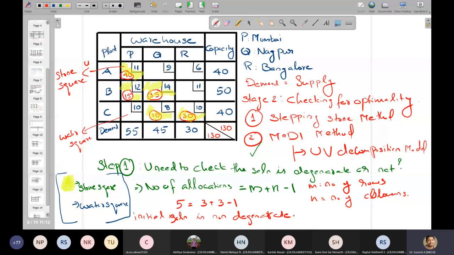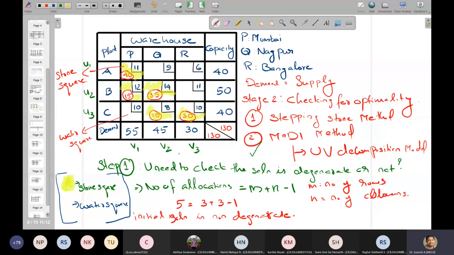Similarly, the first column will be V1, this will be V2, and this will be V3. So row-wise you have U1, U2, U3, and column-wise you have V1, V2, V3.